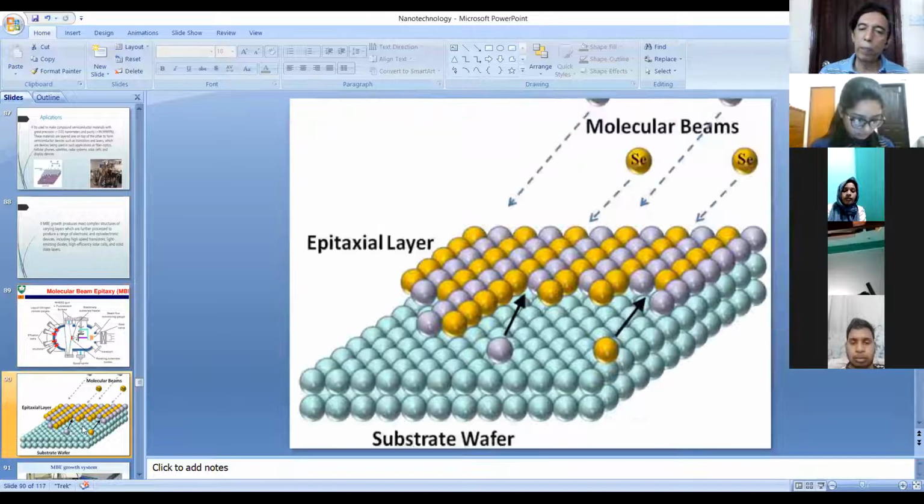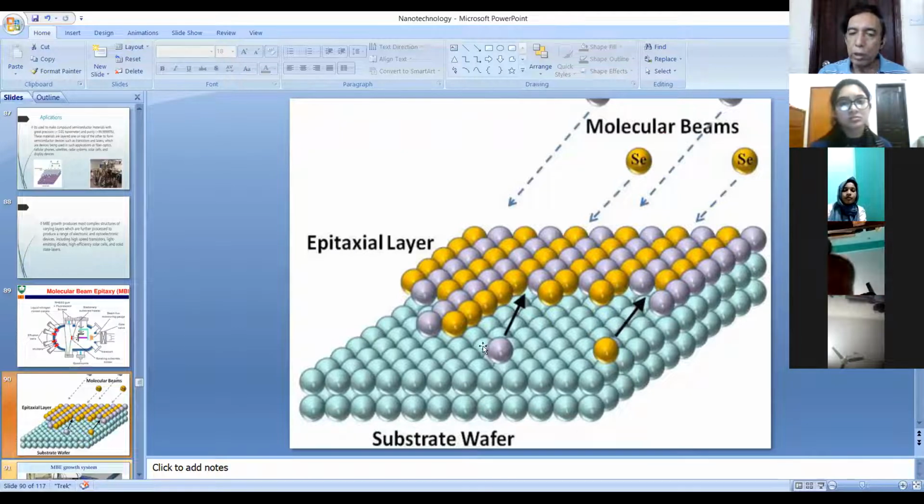You see here, this is your wafer, and this atom will go just towards itself, just towards here. It will not go here. It will go towards here.